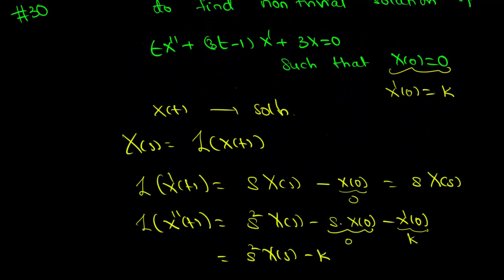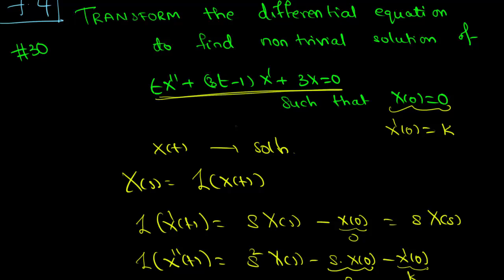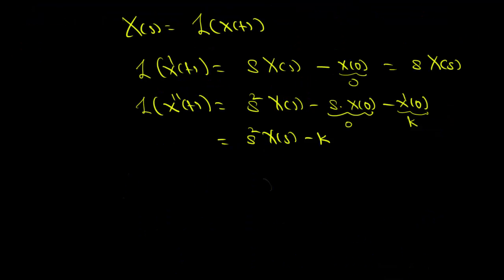But we see that in the given differential equation the x'' and x' are multiplied by t. We know that the Laplace transform of tⁿ f(t) is (−1)ⁿ times the nth derivative of the Laplace transform.